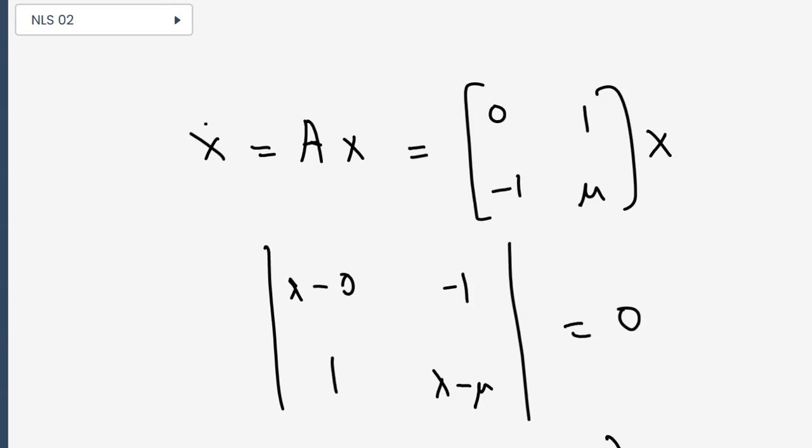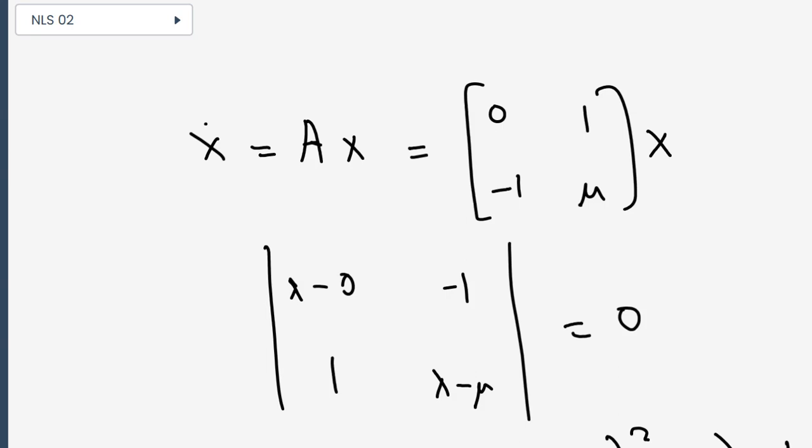This gives us lambda square minus mu lambda plus 1 equal to 0, so lambda 1, lambda 2 will be equal to minus b plus or minus the root of b square minus 4ac, divided by 2.